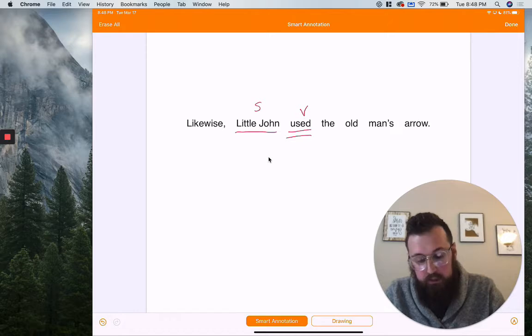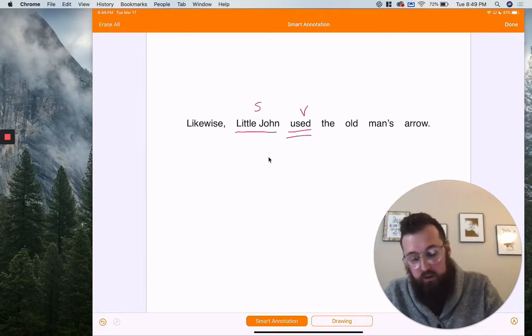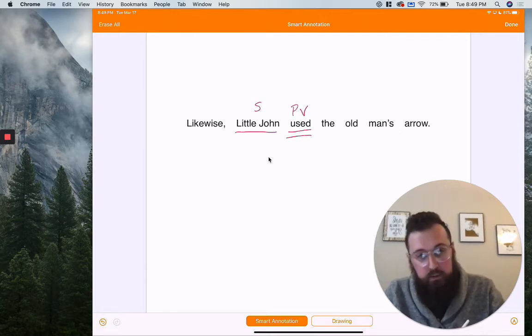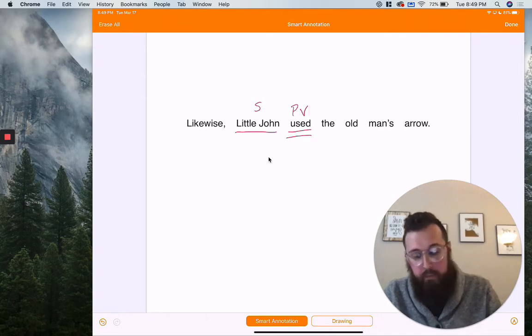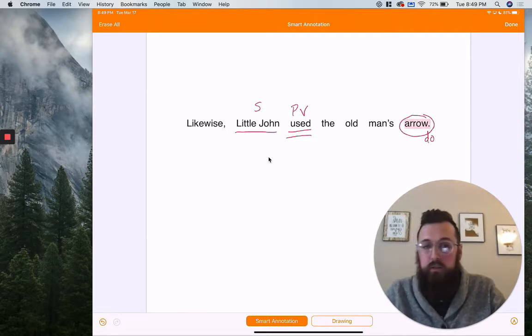Now I'm not linking anything together in my sentence. I'm not renaming John. I'm not describing Little John. So that means it's going to be a predicate verb. And Little John used an arrow. So arrow is again going to be my direct object.